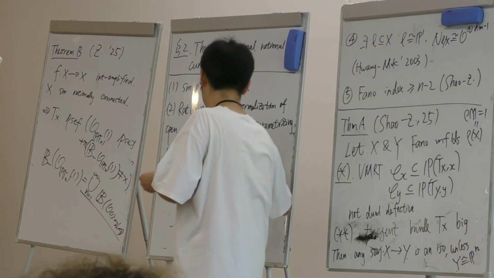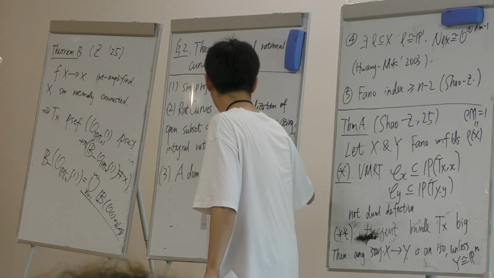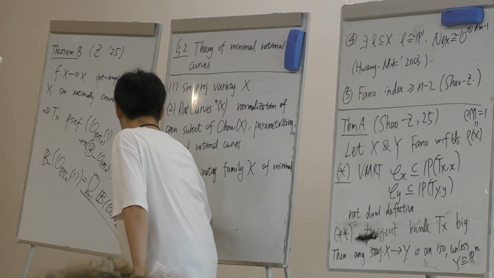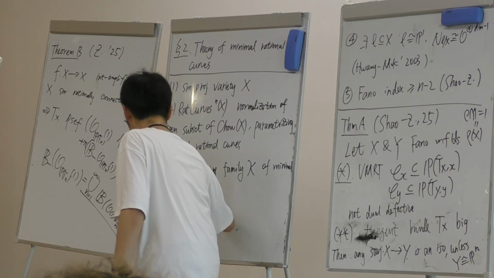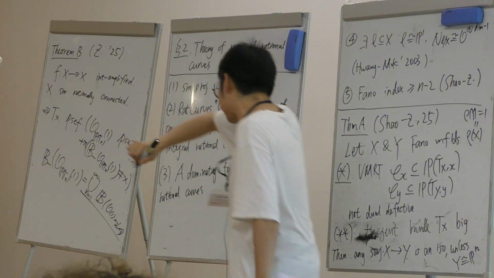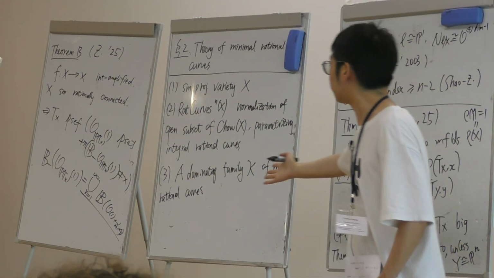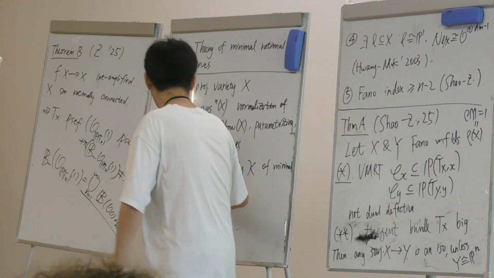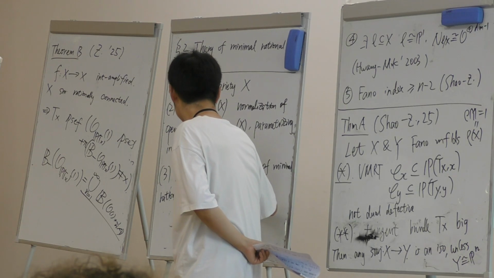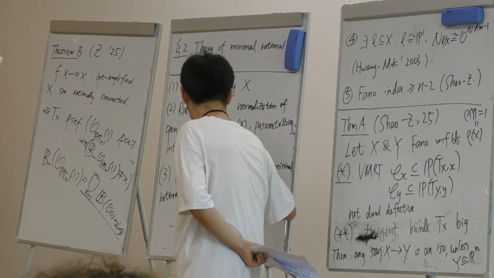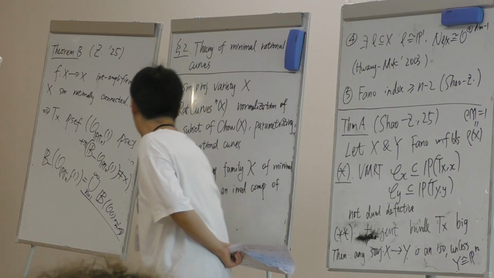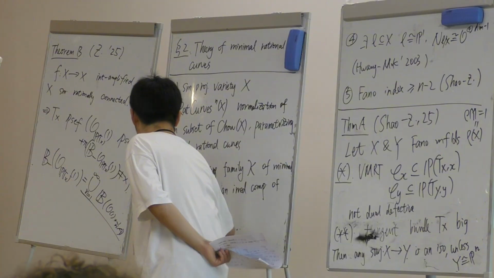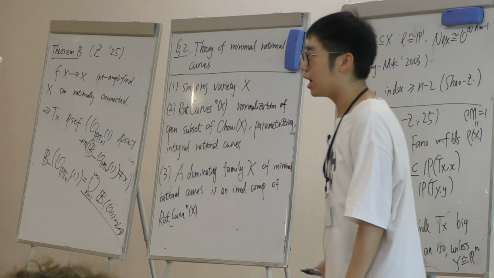So a dominating family K of minimal rational curves. I will explain the meaning. What's the meaning of a dominating family of minimal rational curves? So this is an irreducible component of this space of rational curves, but this is not enough.